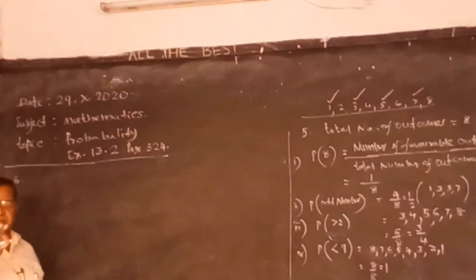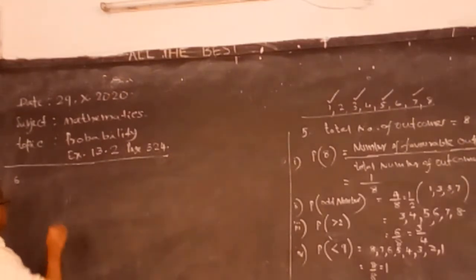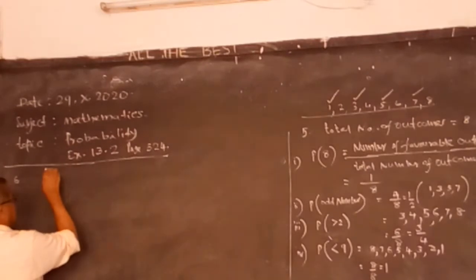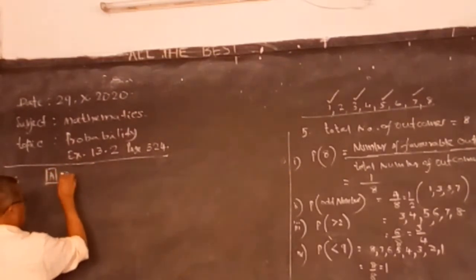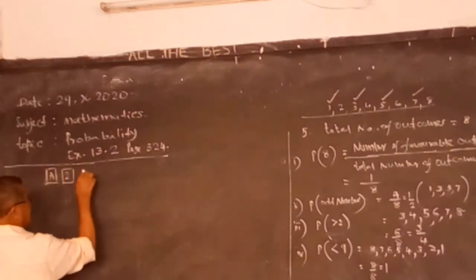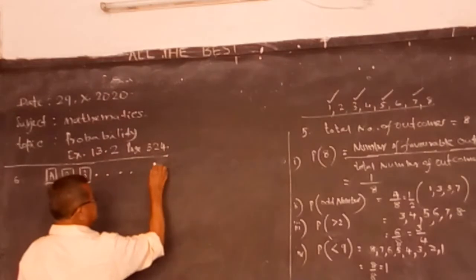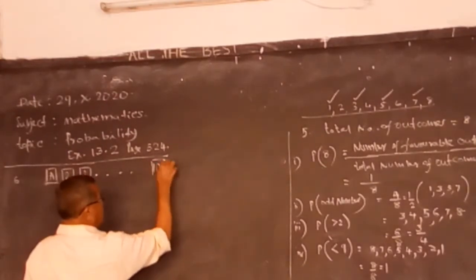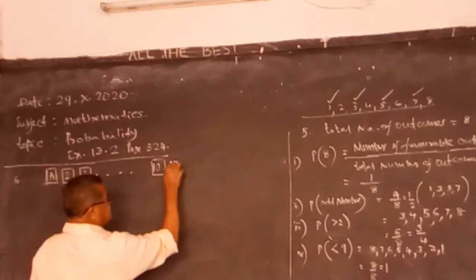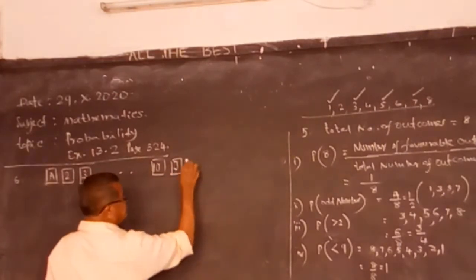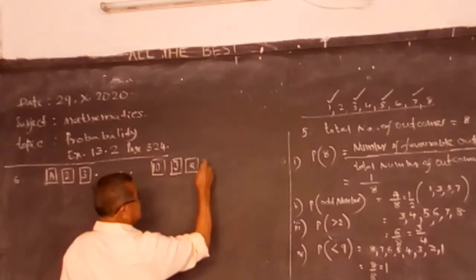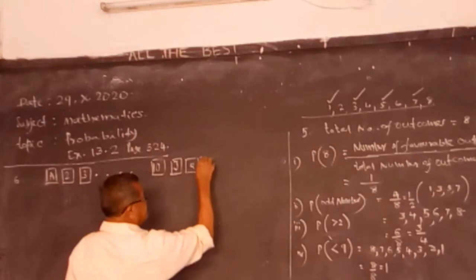Jack, queen, king. Starting class is A. Ace, it is treated as 1. 2, 3, dash dash, 10. Jack, queen, king.